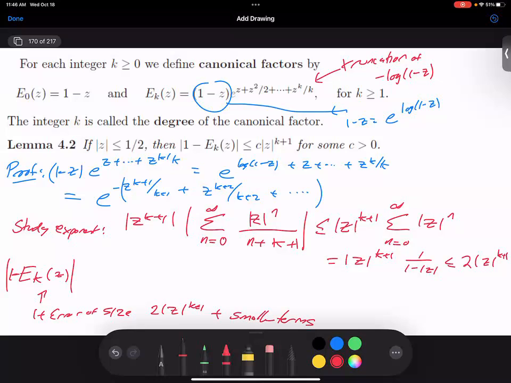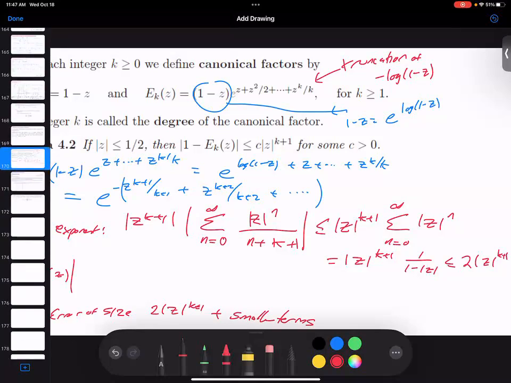Because when you think about it, I've got the exponential of something. I'm just doing a Taylor series expansion of the truth. I know it's at most e to the 2z^(k+1), and I know it's at least e to the 0. Or if you want, at most e to the negative.